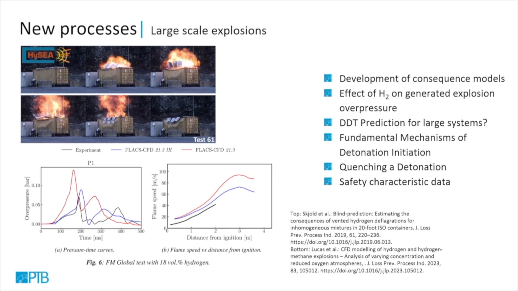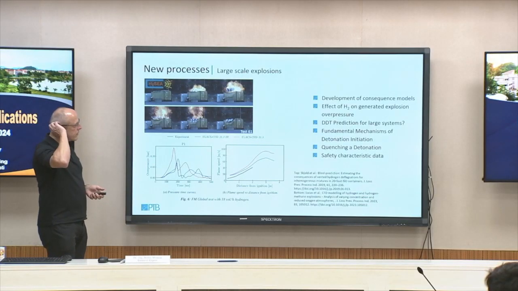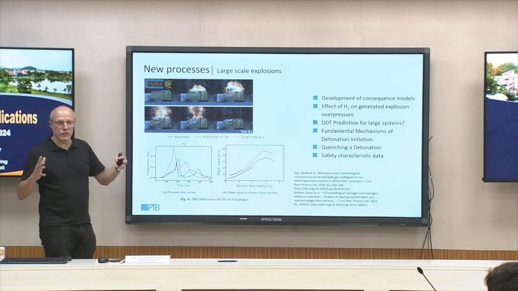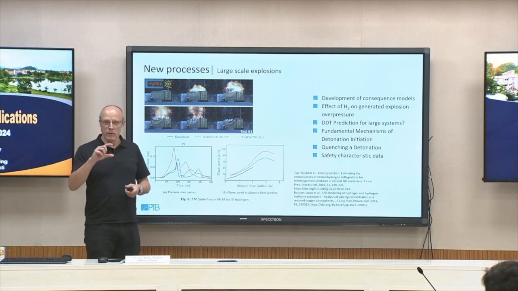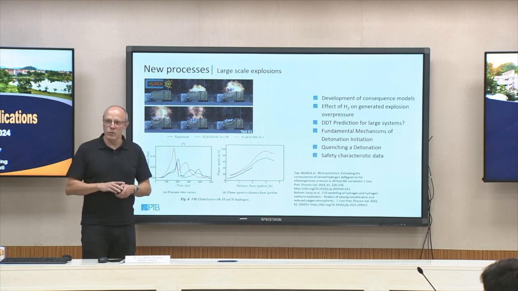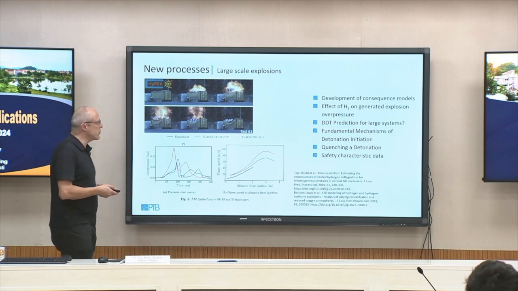So an example here, we have large-scale explosions. So they have here these containers, classical 20 foot containers, filled with hydrogen and air mixture, and they ignited these mixtures inside these large structures. So it's something completely different to the small videos I have shown you, where we really look at specific small conditions.